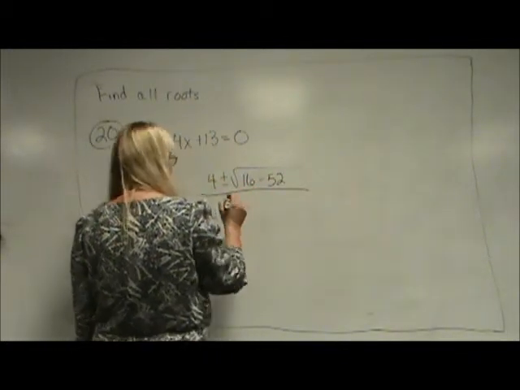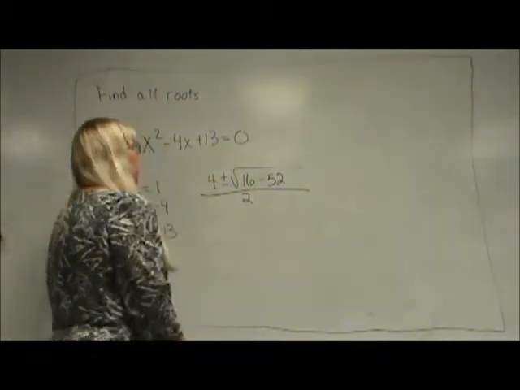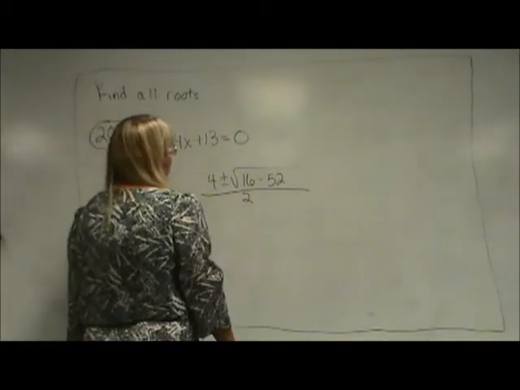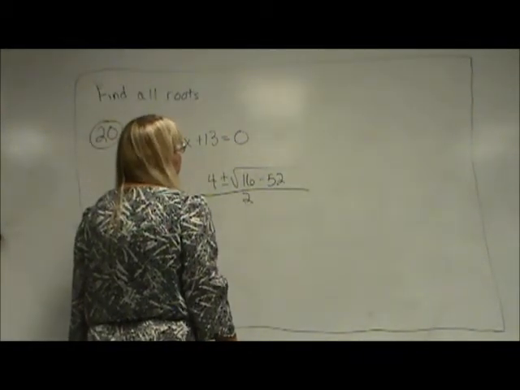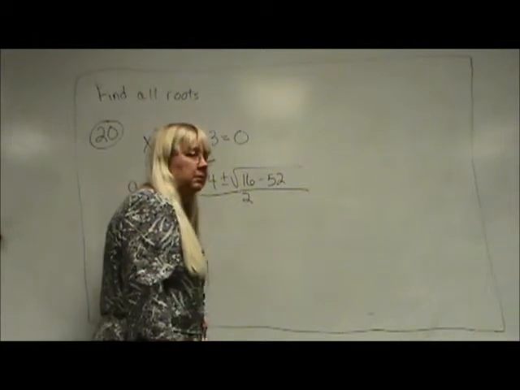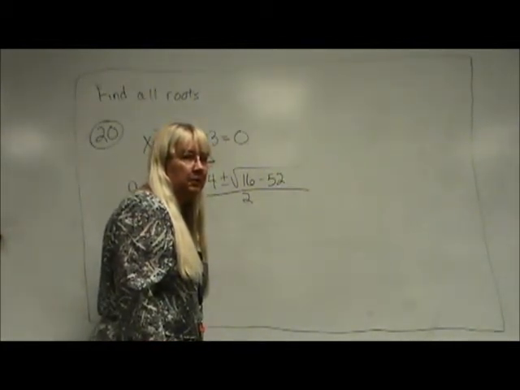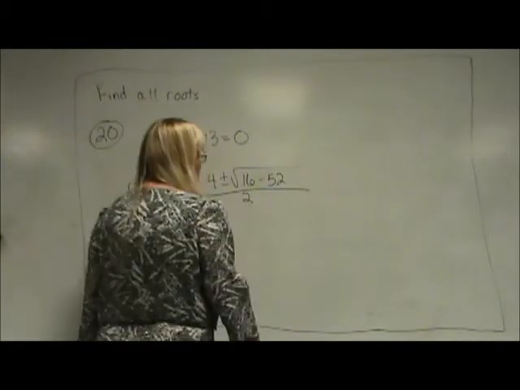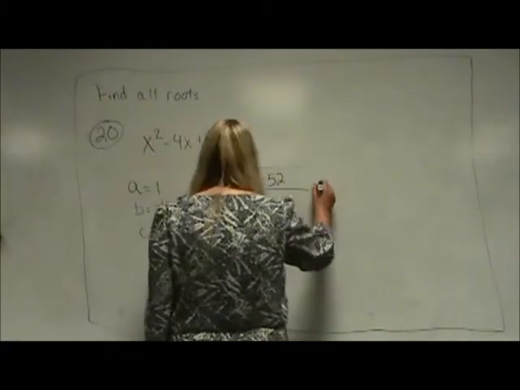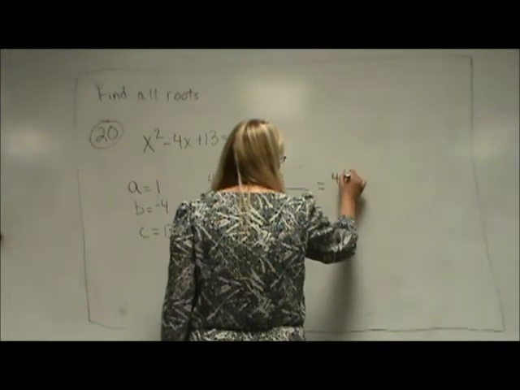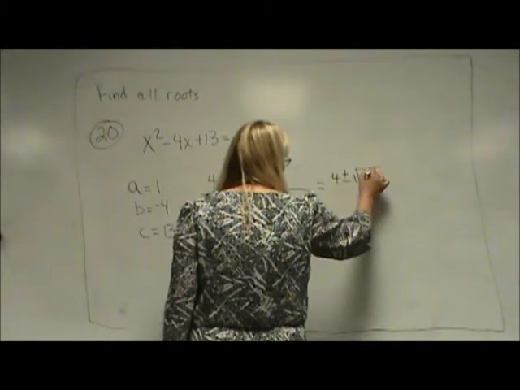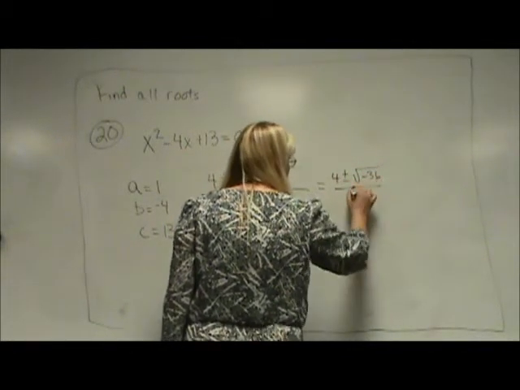Divided by 2, because our A is 1. 16 minus 52 is, what is it? 36. Negative 36? Okay. 4 plus or minus the square root of negative 36 over 2.